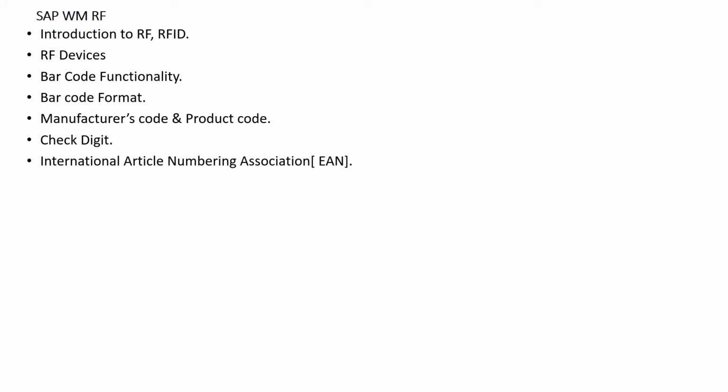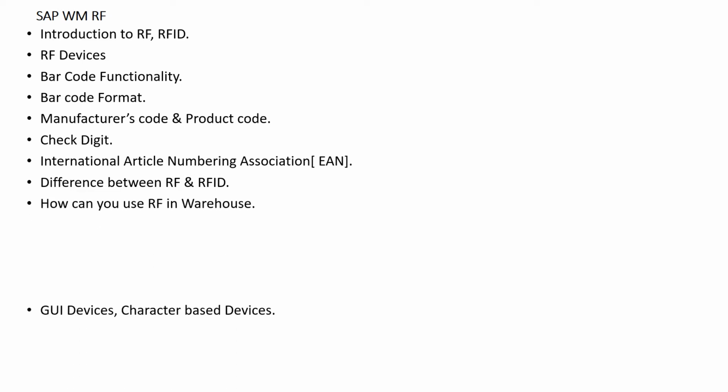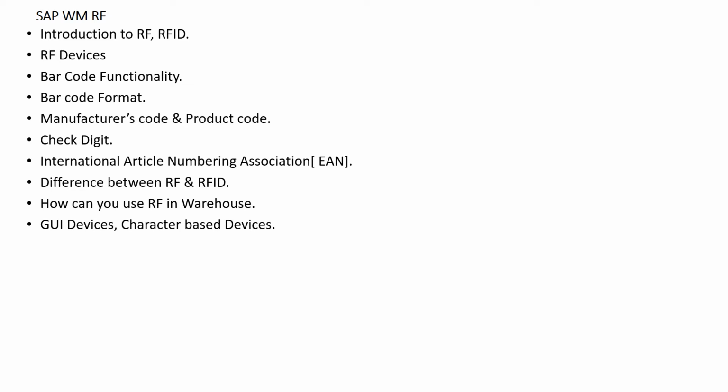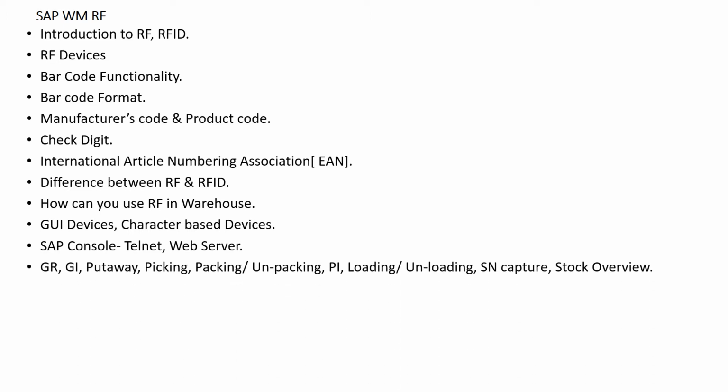International Article Numbering Association EAN, then the difference between RF and RFID, and how you can use RF in your warehouse: guide devices and character based devices, SAP console, telnet, and web server. Then we discussed what the application areas in warehouse are for which RF is used.